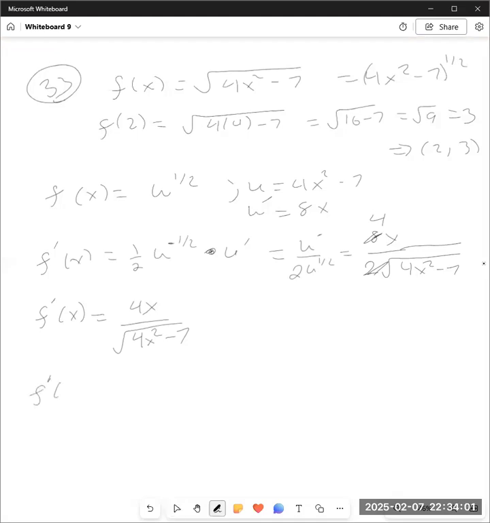f prime of 2 is, I already know that the square root is 3 because I found that up here, that's f of 2. 4 times 2 is 8.